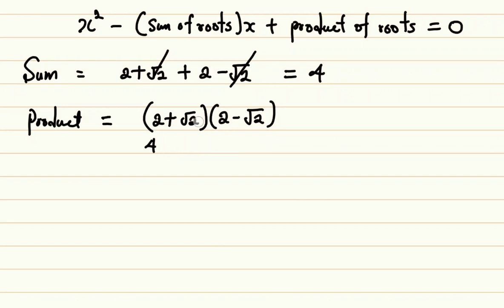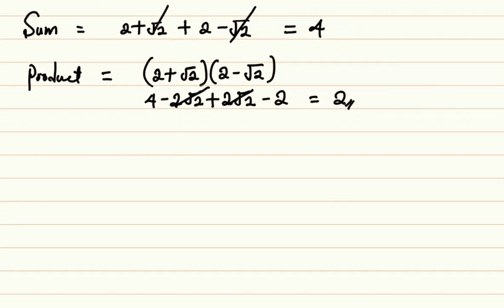So 2 times 2 is 4, then minus 2 root 2, then root 2 times 2 is plus 2 root 2, then I'm going to have minus 2. Now if you check it out, this and this will go out, so 4 minus 2, the answer is 2. So I'm done with that.